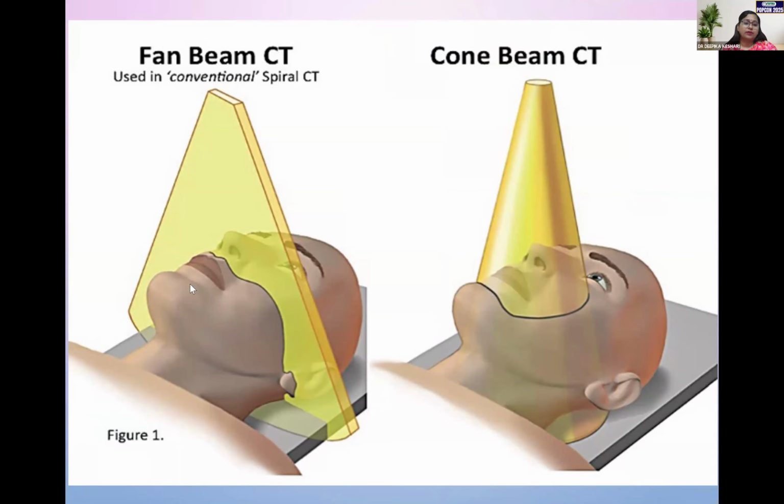Since there are multiple images being captured, the axial image is the true image, whereas the coronal and the sagittal that are formed are reconstructed or false images. Whereas in case of CBCT, this is a volumetric acquisition, so there is just one rotation around the patient's head. In this case, you can see that all the images, axial, coronal, and sagittal, are acquired and they are true images. So it gives a better detail.